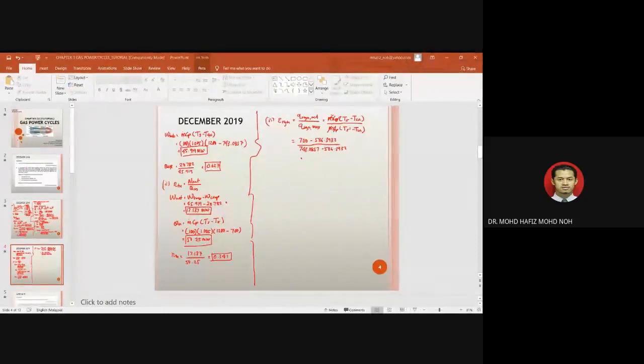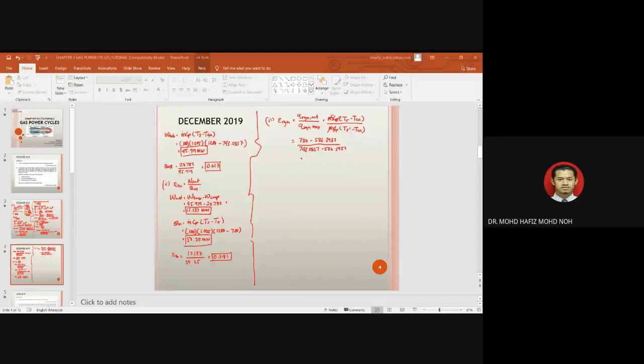So let me check the value of the effectiveness. It is T5 minus T2 actual divided by T5 prime minus T2 actual.